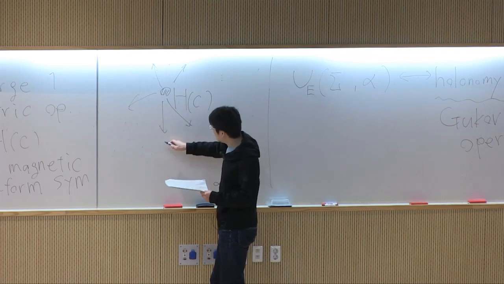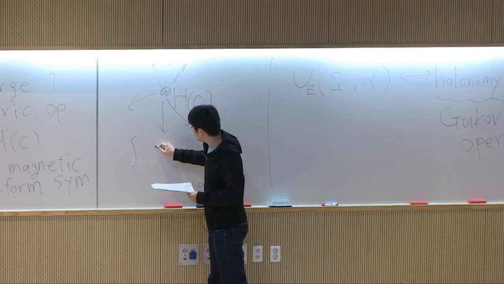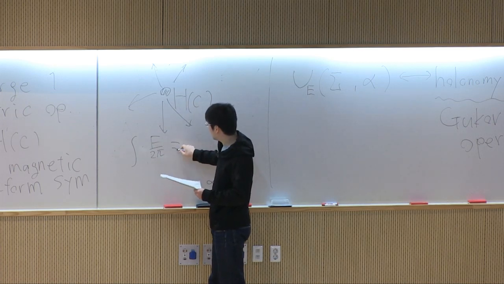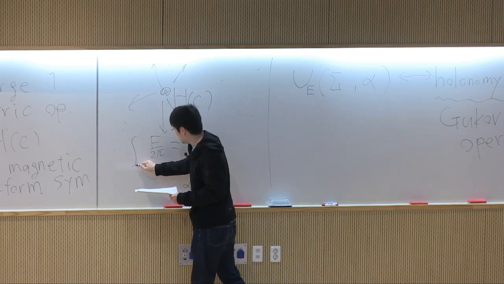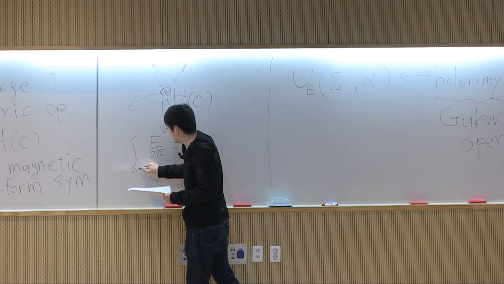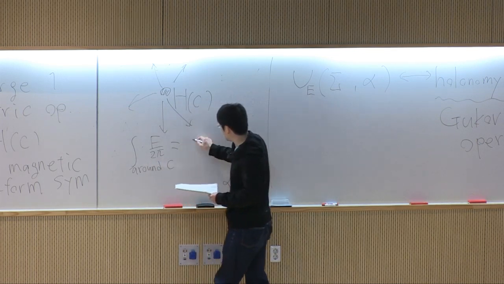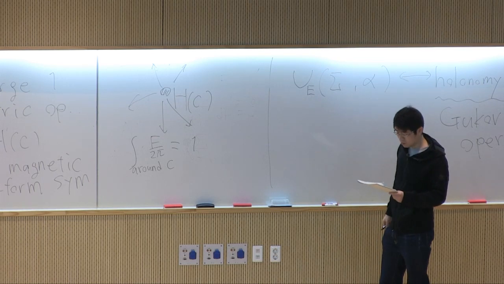This is defined in such a way that if we integrate the gauge field strength divided by 2 pi around the position of the 't Hooft operator, then this is equal to 1. This is the definition of the 't Hooft operator.